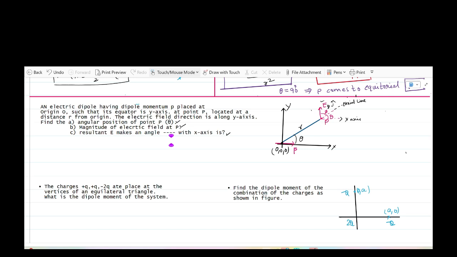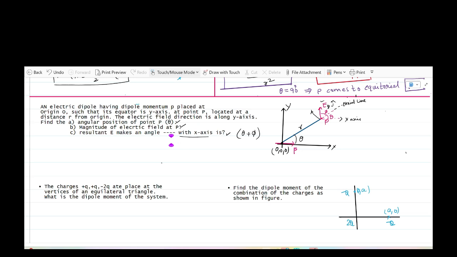There is an equatorial field also like this, but it is not needed in this problem. Now the third part, C, asks what angle the electric field makes with the x-axis. The resultant E makes an angle with the x-axis; I can say very easily from the diagram, it is theta plus phi. That is the angle.